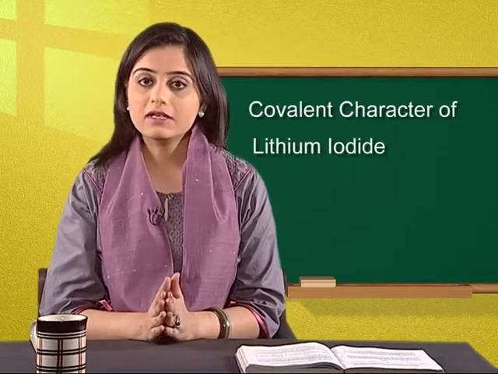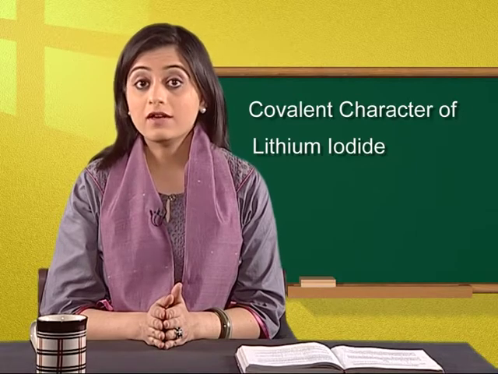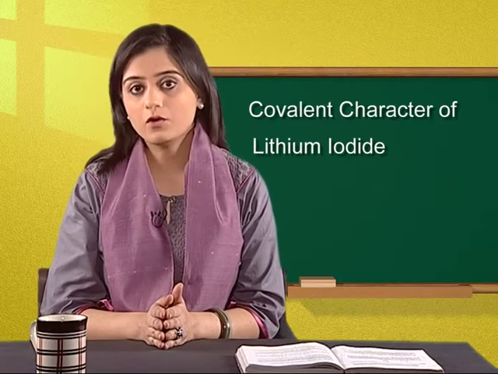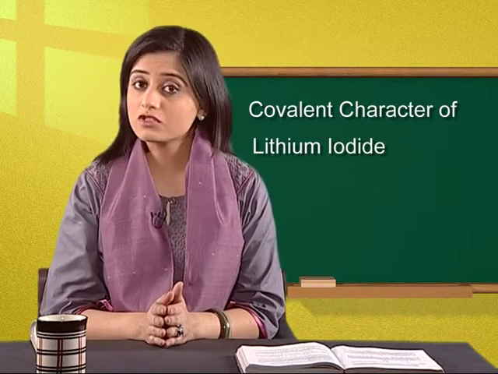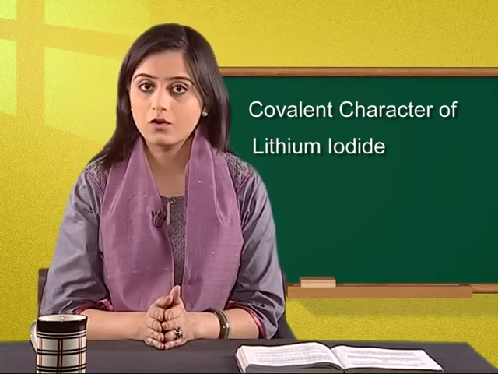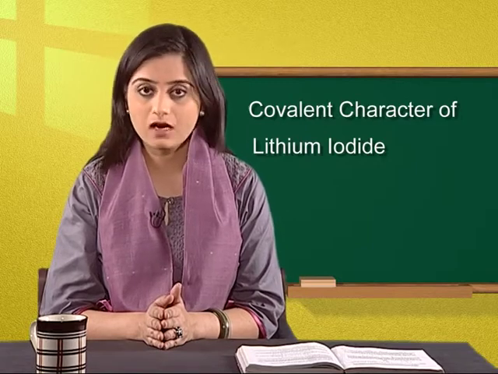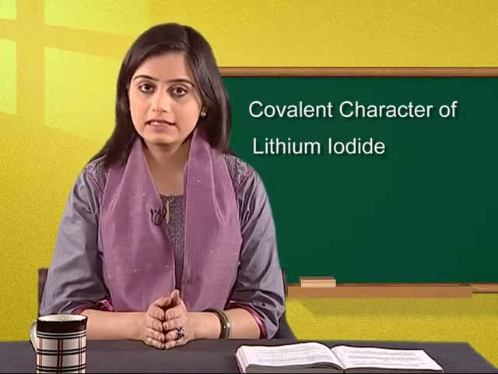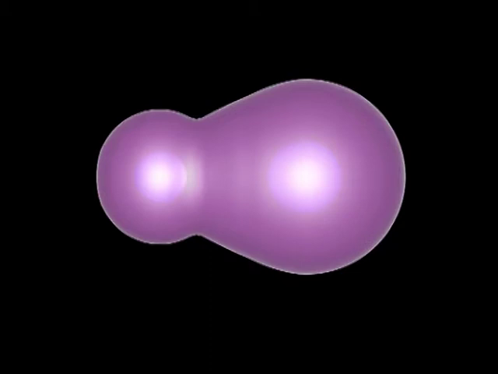Covalent character of lithium iodide. The chemistry of lithium shows some anomalies as the monopositive lithium cation is so small that it polarizes anions and so introduces a covalent character to its compounds. Let's discuss in detail. Lithium iodide is covalent in nature.